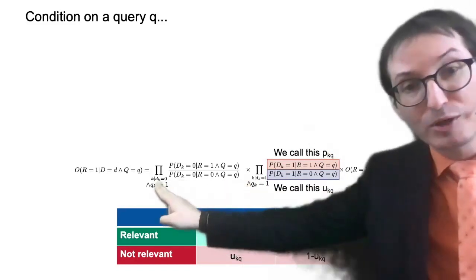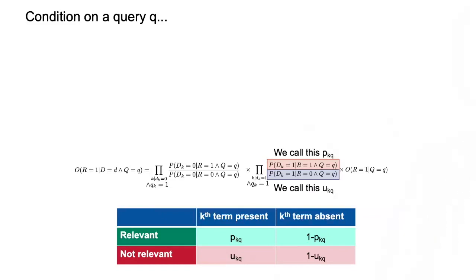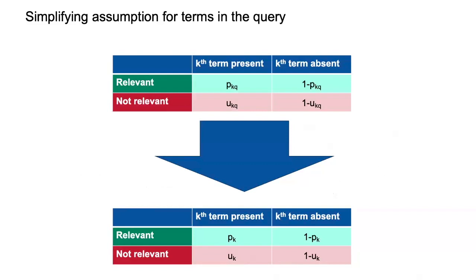So now we have the much smaller product that we only multiply over the terms that are in the query. It's very similar to evidence accumulation in the ranked retrieval, where it seems like a huge scalar product, but in fact, you only add over the terms that are in the query. So the same sort of thing happens here, right?